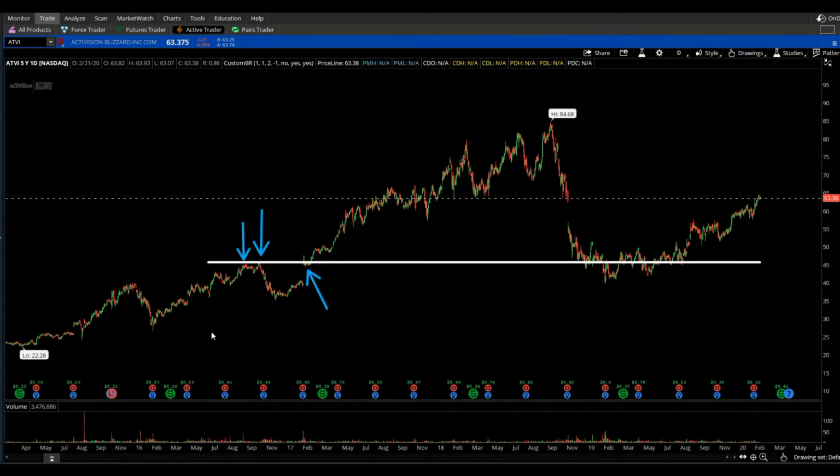So here is how support and resistance typically works. We have a stock and it starts coming up like this. Then we have a retracement, which is normal, right? Then we break this high here. This high forms a point of resistance.